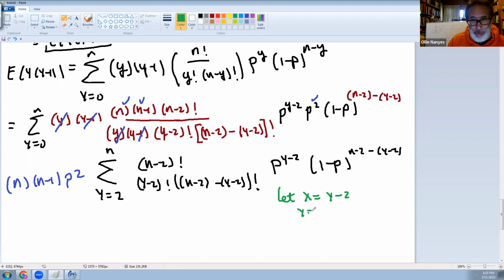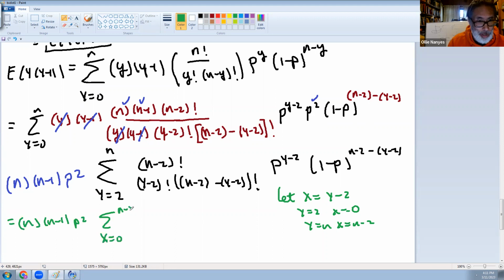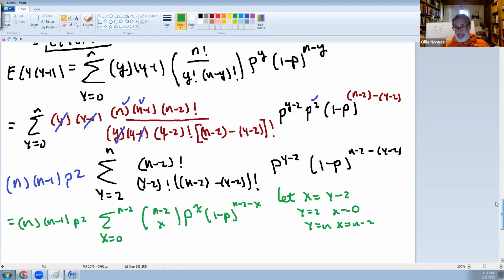Then where y is 2, x is 0. And where y is n, x is n minus 2. So this whole thing is equal to n minus 1, p squared, summation, x equals 0 to n minus 2, n minus 2 choose x, p to the x, 1 minus p to the n minus 2 minus x. See, same old, same old.